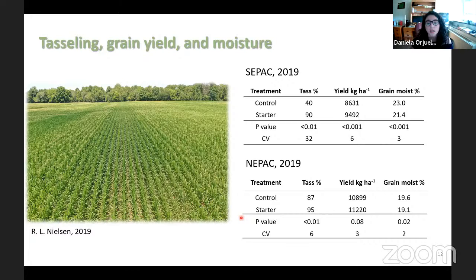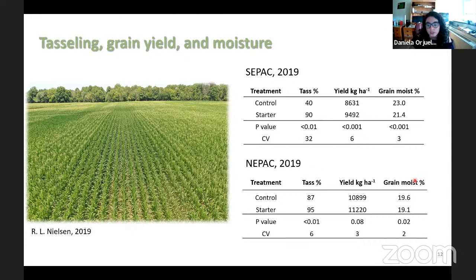In NIPAC, we did detect significant differences for tasseling, but at the point that we were measuring this variable in the field, I think that we were late in the reproductive stage, so we only saw a difference that was not as big as we could see in CPAC.